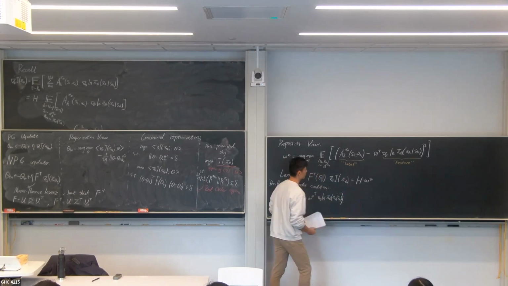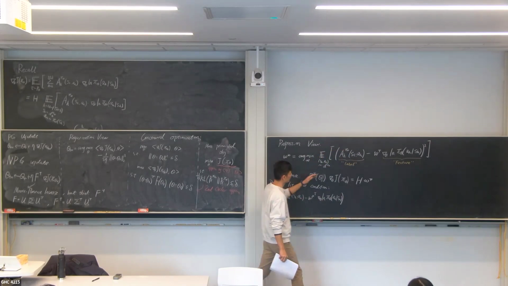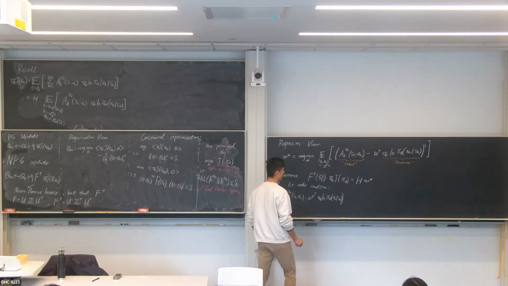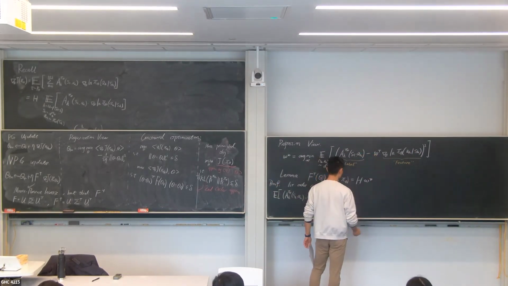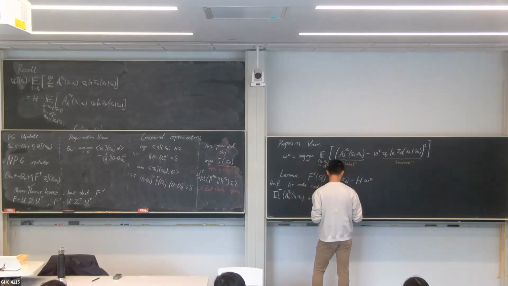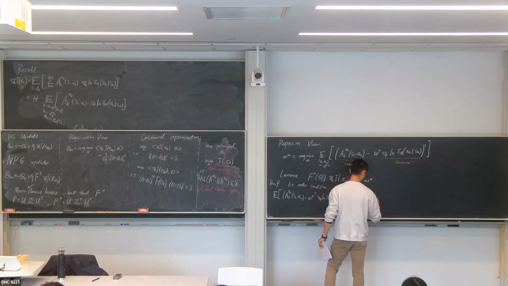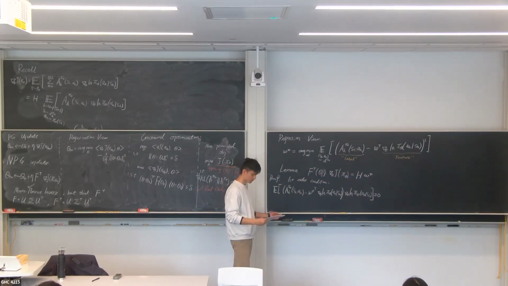By chain rule, I first take the 2 out. Something squared would be 2 times something times the gradient. And in the end, I also need to take the gradient with respect to W inside this expression, which I just get as the gradient of grad log. Okay. I want to set this to 0 because I know W star minimizes it.